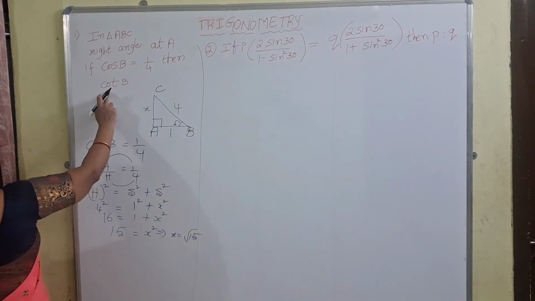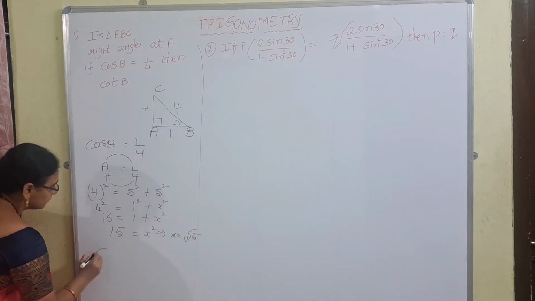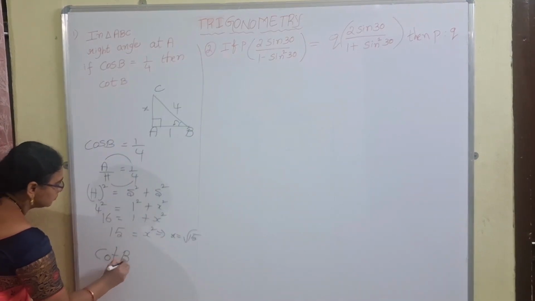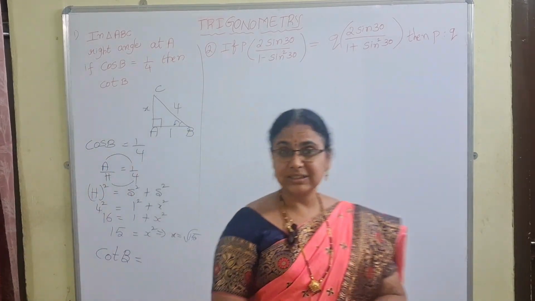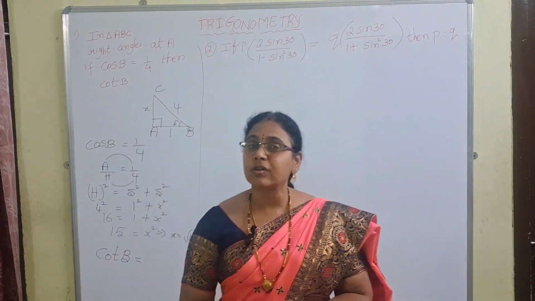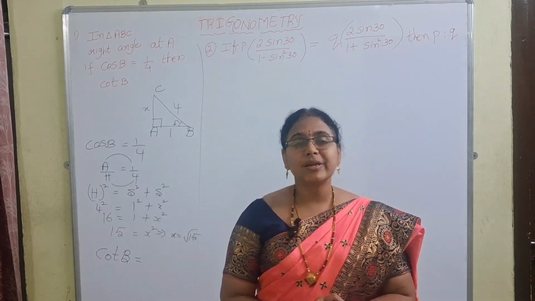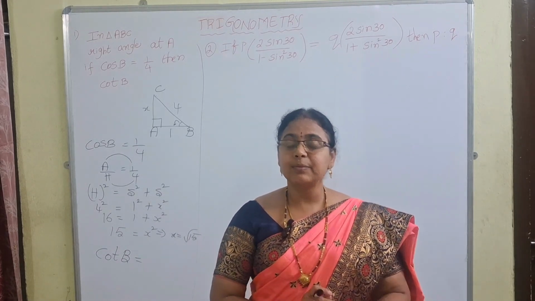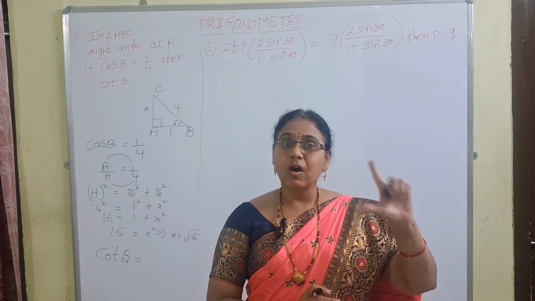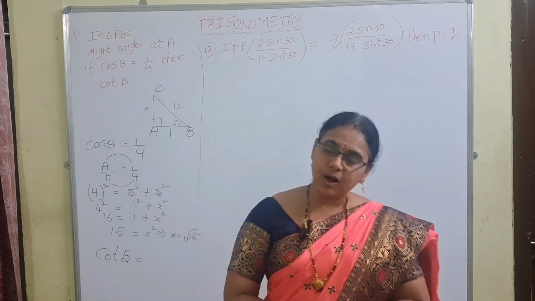What is the question? Cot B. What is the formula for cot B? Do you remember, in the first video of trigonometry I already explained, cot B is the reciprocal of tan. Tan means opposite by adjacent, cot means adjacent by opposite side.